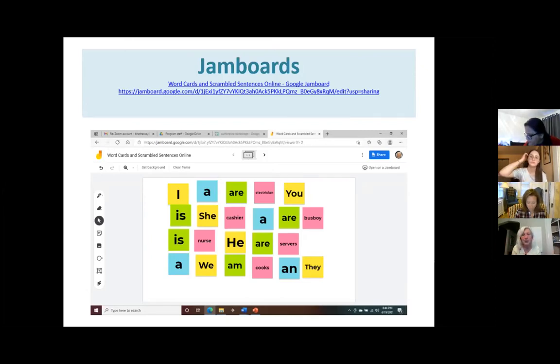And then share the Jamboard with your students by putting a link in the chat box, which I'm going to do in a minute for you. Then the students are going to be able to manipulate the sticky notes to create proper sentences. Again, it's set up so that the sentences have one word of each color. All right, shall we try it? Yes. All right, let's see how this works.